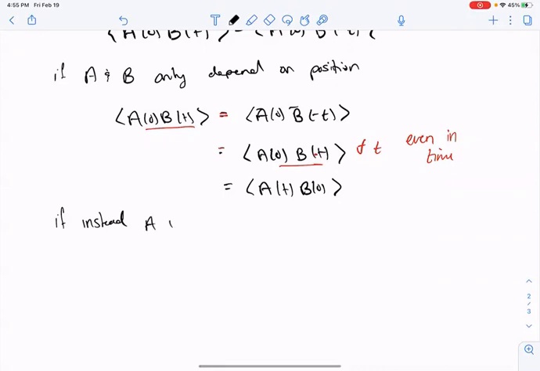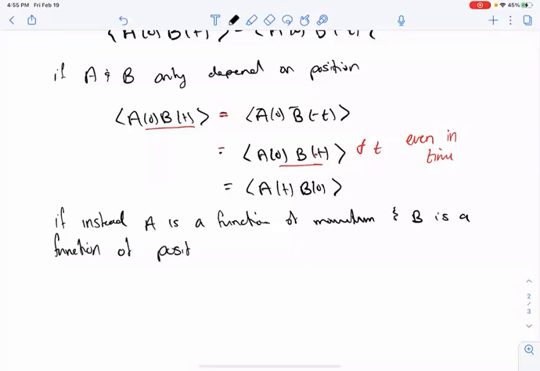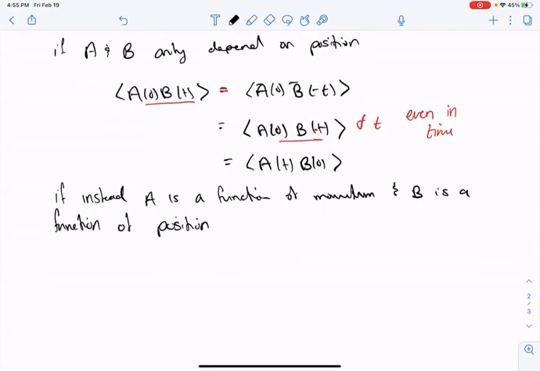If A is a function of momentum, and B is a sole function of position, those two quantities have different time reversal symmetry dependencies.